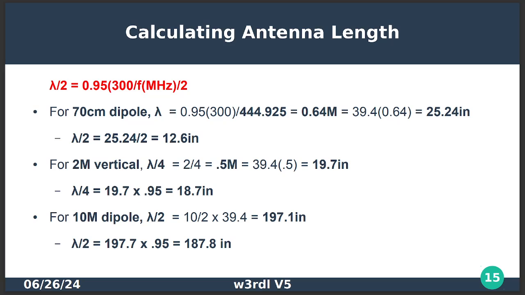For 10 meters, a 10 meter half wave, 10 divided by 2 times 39.4 comes out to be 197.1 inches. And the bottom line there draws out all the numbers for you, for the 0.95 velocity factor.